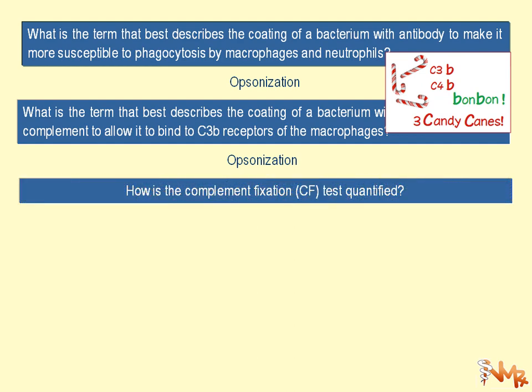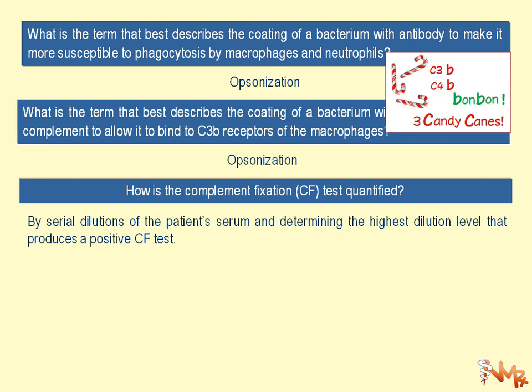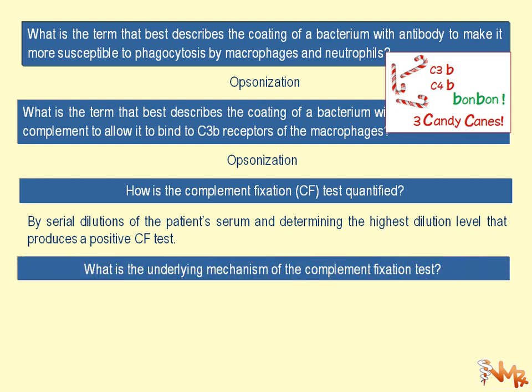How is the complement fixation CF test quantified? By serial dilution of the patient's serum and determining the highest dilution level that produces a positive CF test. What is the underlying mechanism of the complement fixation test?